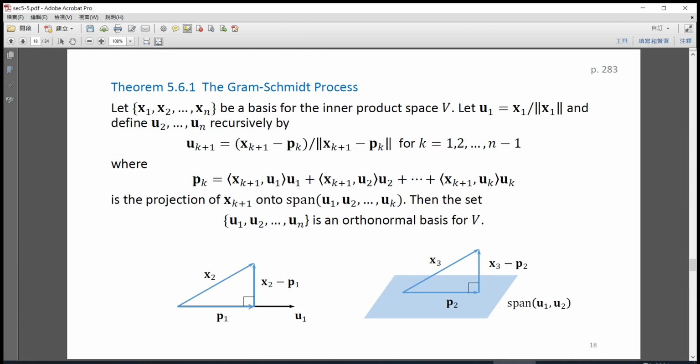And recall that pk is the projection of xk plus 1 onto the span of u1, u2, up to uk, and therefore the projection pk is a linear combination of u1, u2, up to uk.